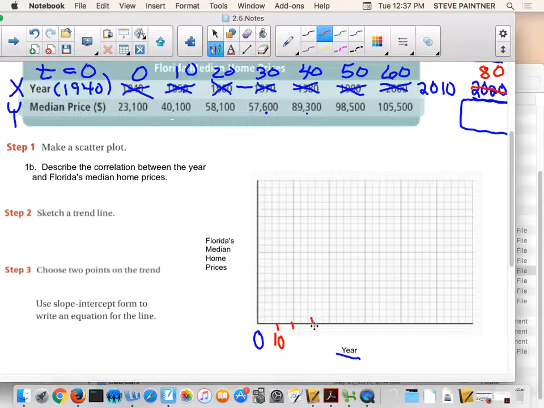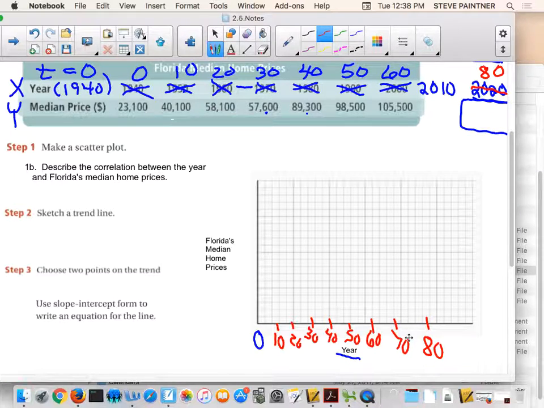So 10, 20, 30, 40, 50, 60, 70, 80. And when I say 80, I mean the year what? 2020, yeah. I don't mean 80 years. There's 20, 30, 40, 50. Okay? Good?